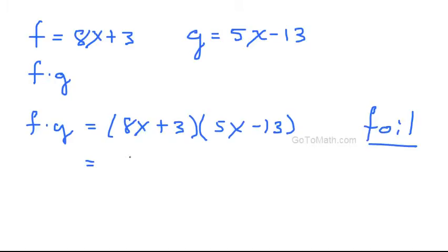So 8x times 5x is 40x squared, then 8x times, these are your outer terms, 8x times 13, we know it's minus, okay, 104x. 3 times 5, that's going to be 15x, and then 3 times 13, which is 39.